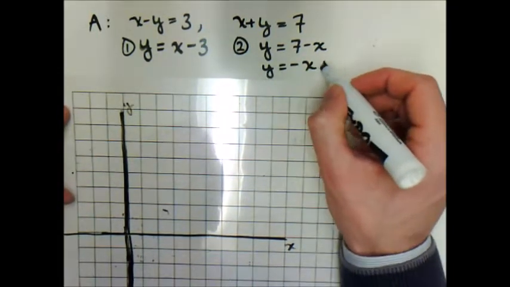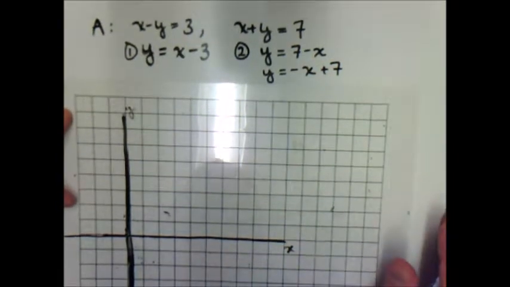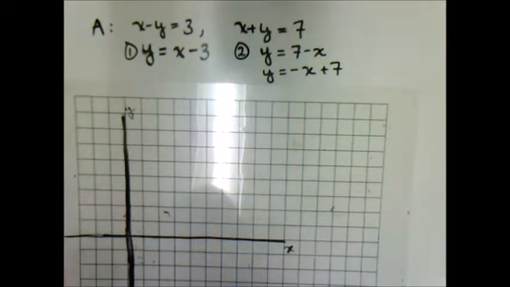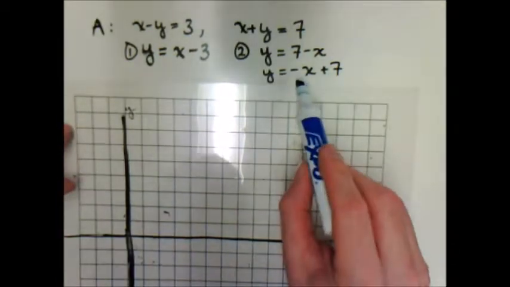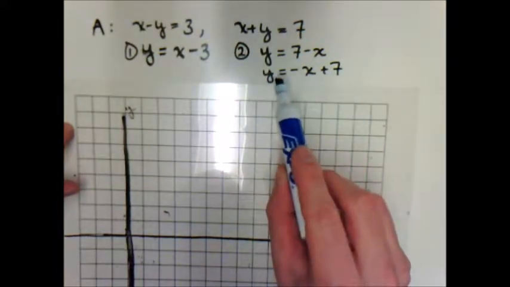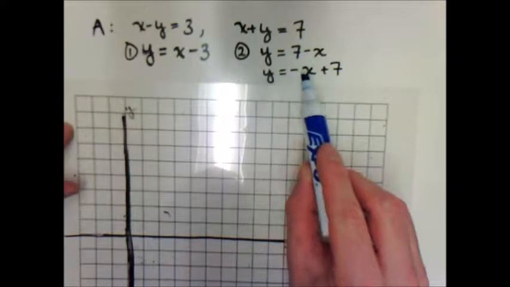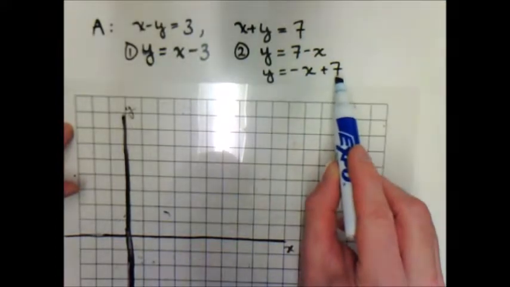Those all mean the same thing. So that's why I changed it down here to say the x first. This is the form that helps us the most. It tells us the slope is negative 1 and the y-intercept is positive 7.